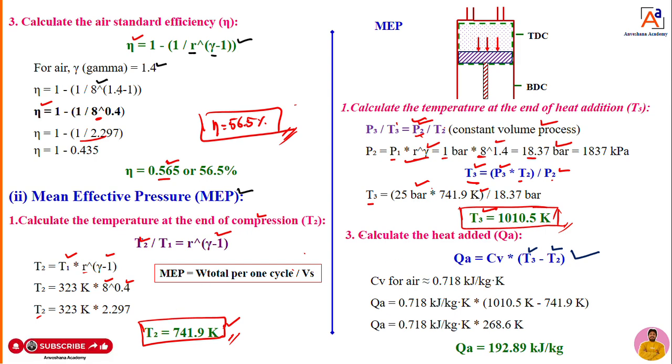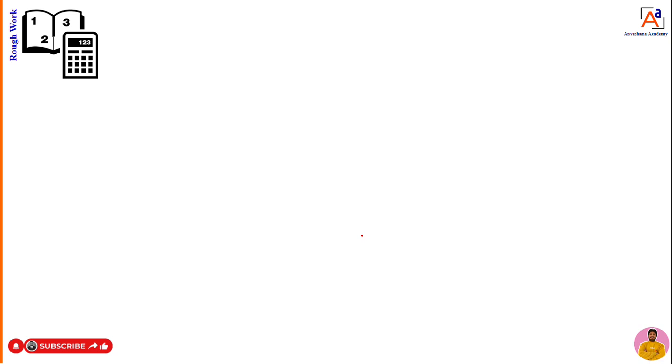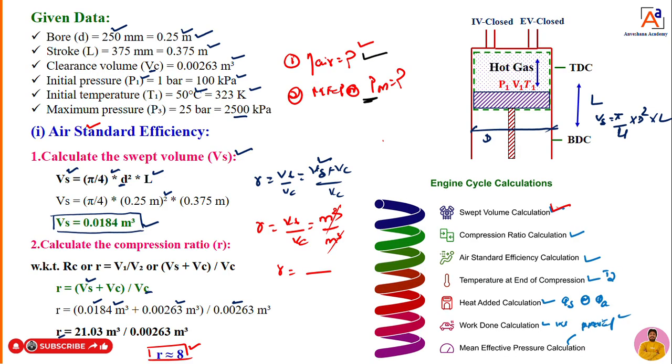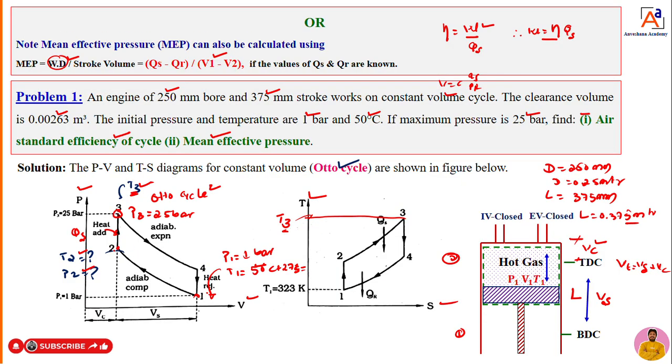Now you are adding heat at point 2 to 3, you can see here now. When we are adding heat from 2 to 3, the heat addition you can write now: QA is equal to M into CV into the highest temperature T3 minus T2. I can calculate the heat addition with the help of this equation.